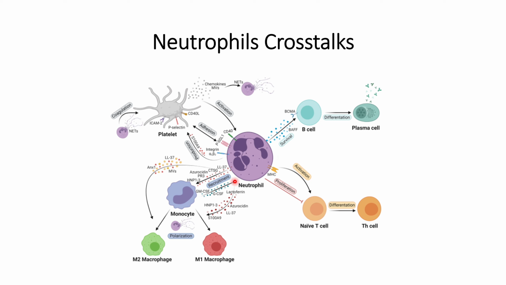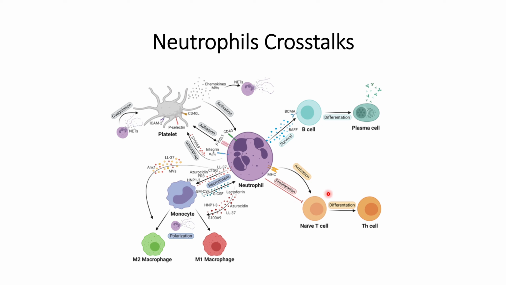The next interaction we talk about is between neutrophils and naive T cells. Neutrophils in this case act as antigen presenting cells that provide the antigen of the harmful foreign particles with the help of major histocompatibility complex to the naive T cells, and that helps in the differentiation of these naive T cells into activated T cells.